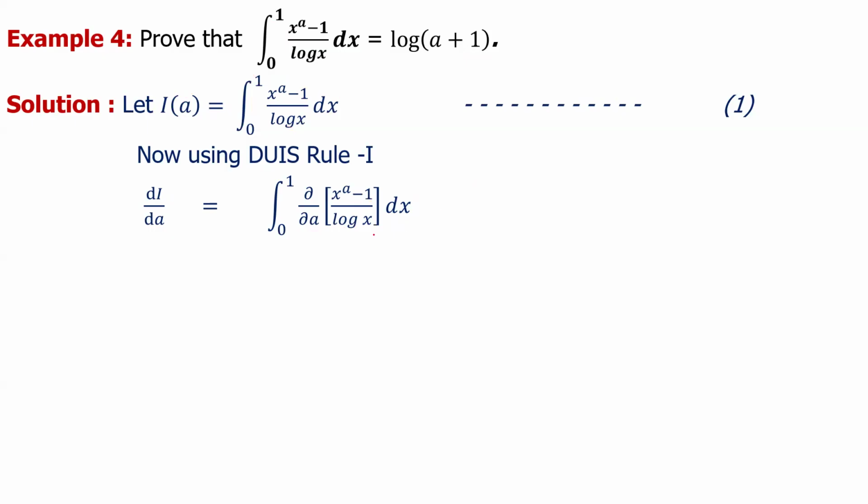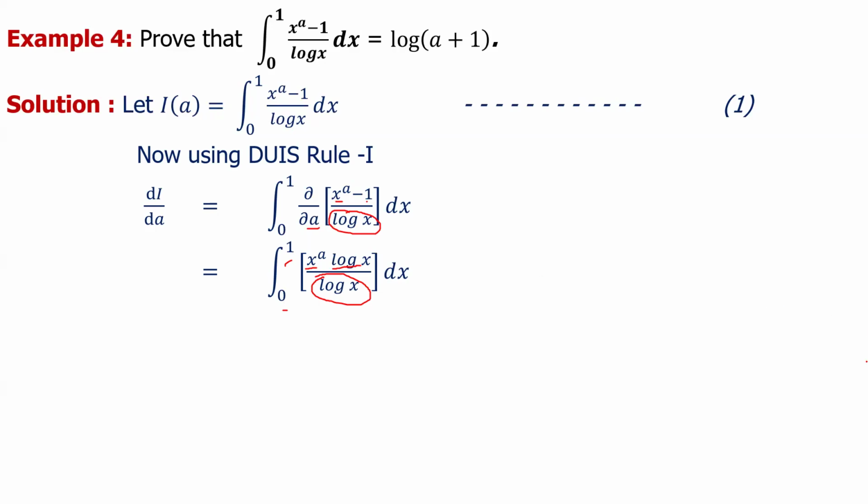Now, 1 upon log x is free from a, so we can take it outside of this derivative. So we can write the integration under the limit 0 to 1 of 1 upon log x, and the derivative of x to the power a with respect to a is x to the power a log x.